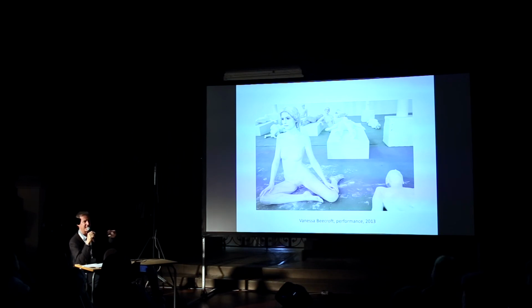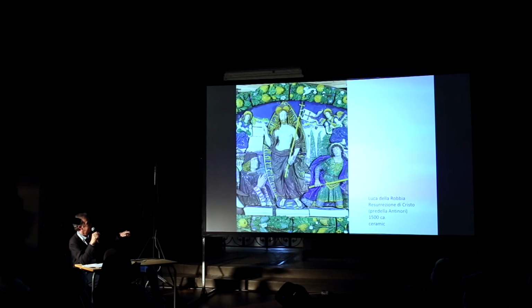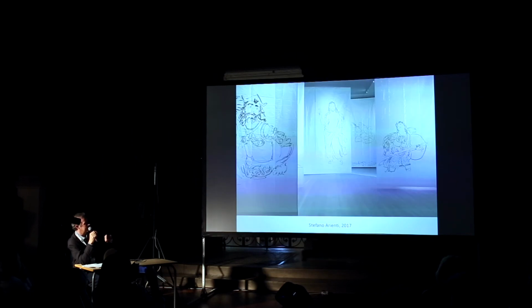The models are standing, are completely doing little movements for hours, and they become statues, they become a sort of objectification. This is another example of Luca della Robbia, Resurrezione di Cristo, reenacted by Stefano Arienti with drawings.